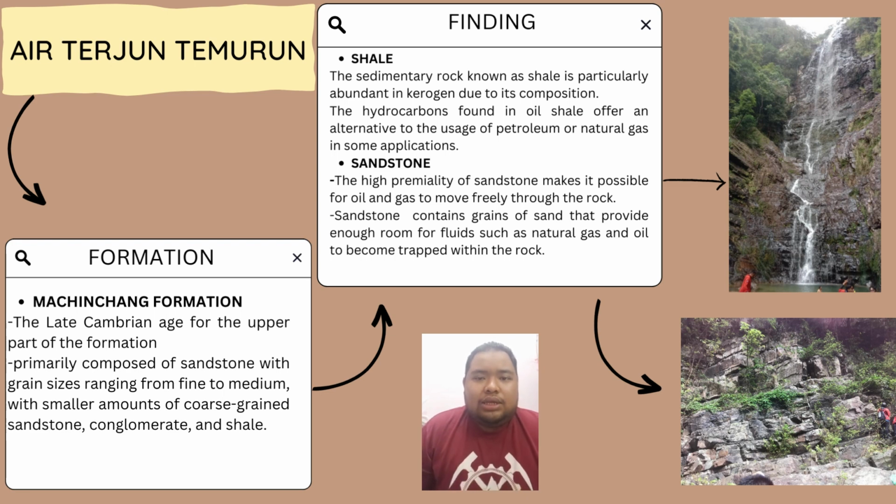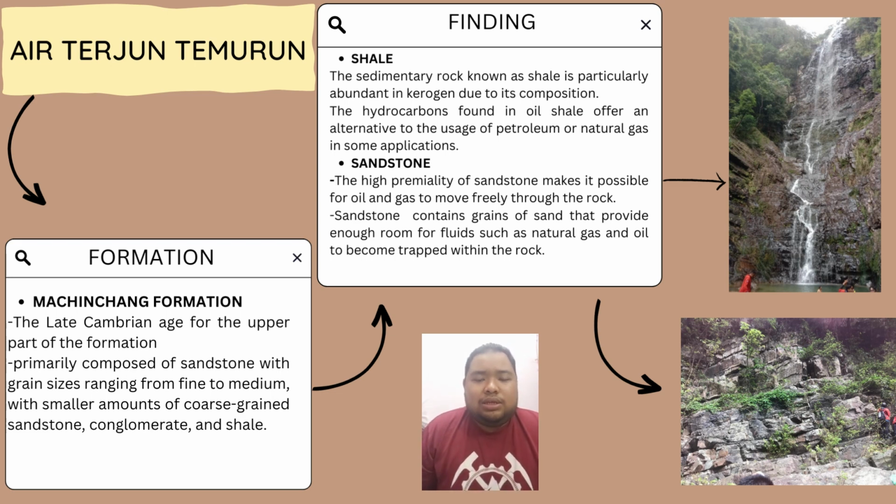The finding at Hydrogen Tumurun is shalestone, which is the sedimentary rock known as shale, particularly abundant in corrosion due to its composition. The hydrocarbon found in shale offers an alternative to the usage of petroleum or natural gas in some applications.